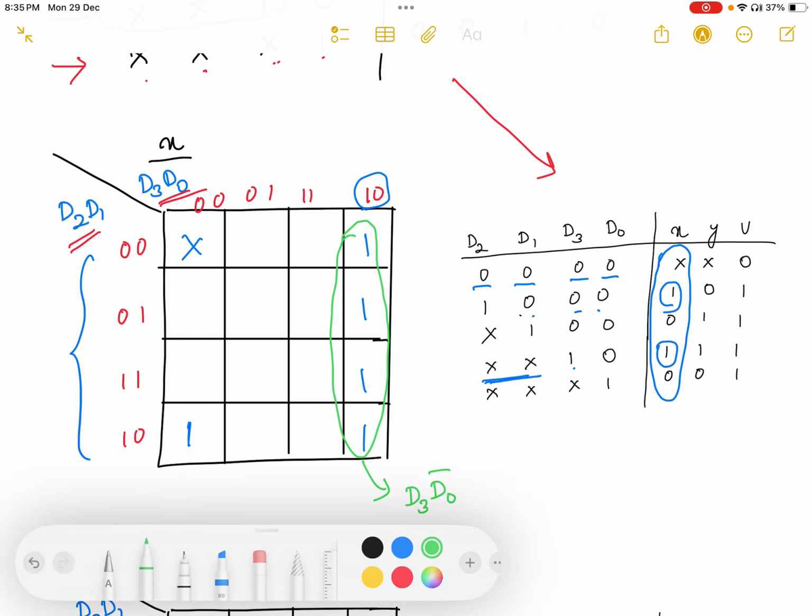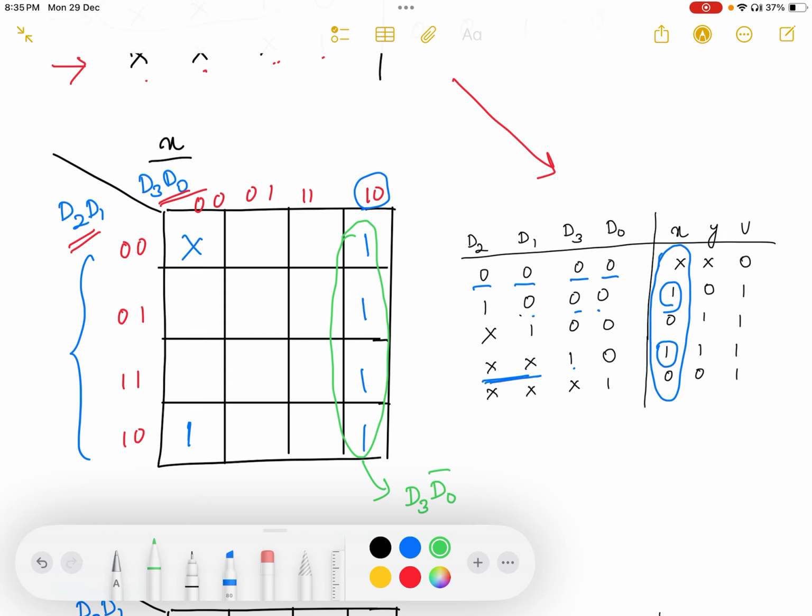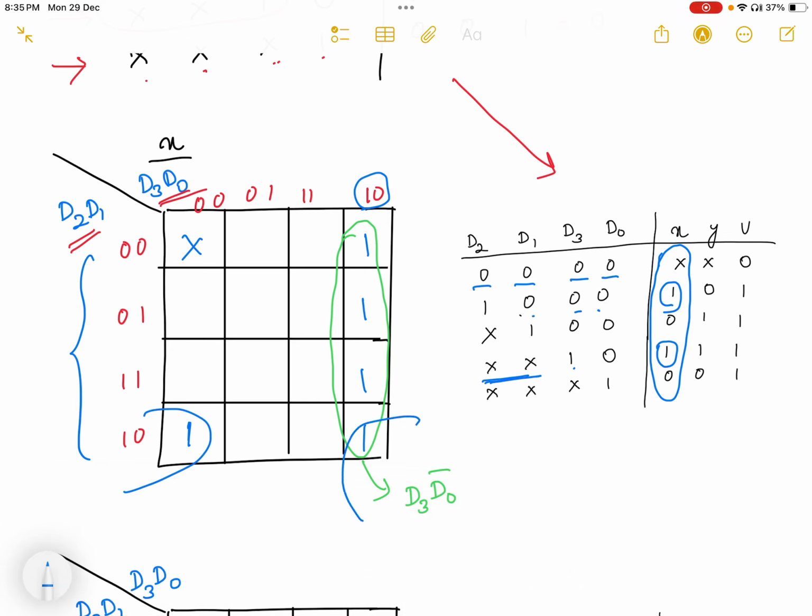And if I take the four corners, then I get D1 bar, D0 bar.